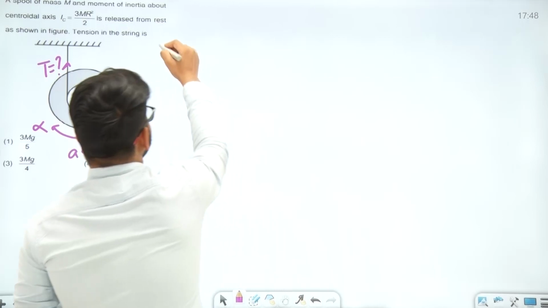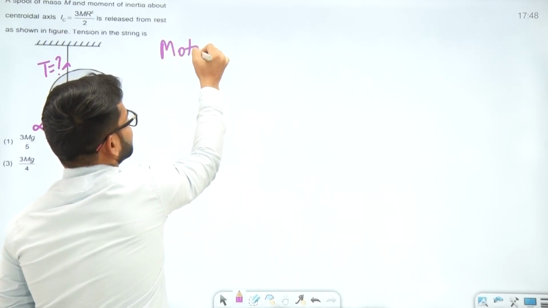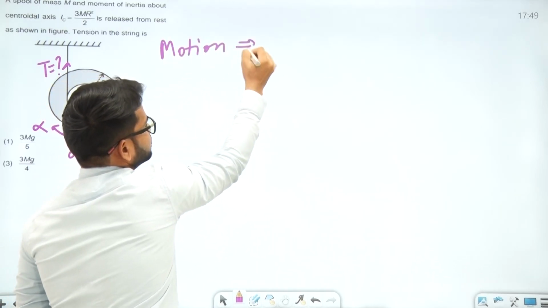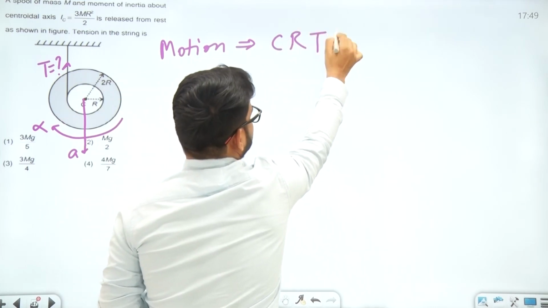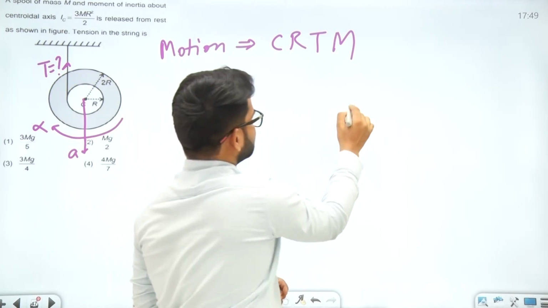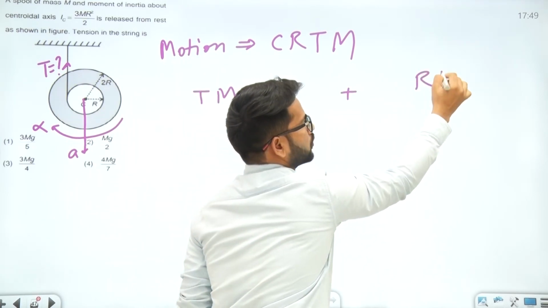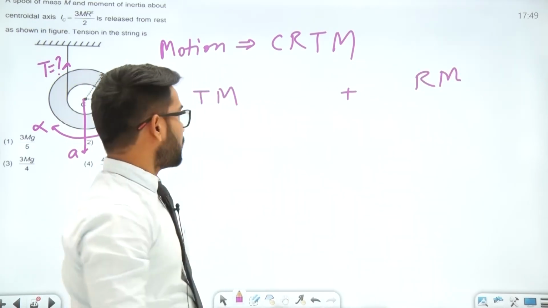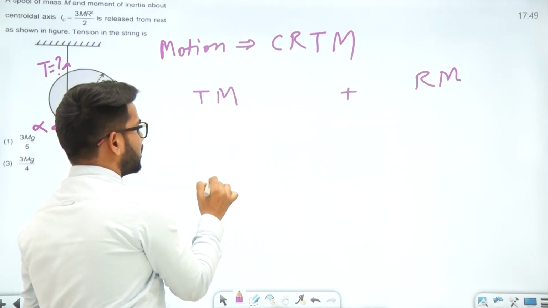So motion you see here is going to be CRTM, right? So again you have to break it into parts, translational motion plus rotational motion.